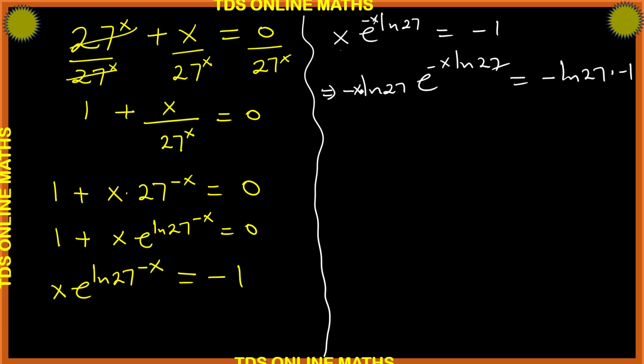So we have minus x ln of 27 e raised to minus x ln of 27. So this side will be ln of 27.